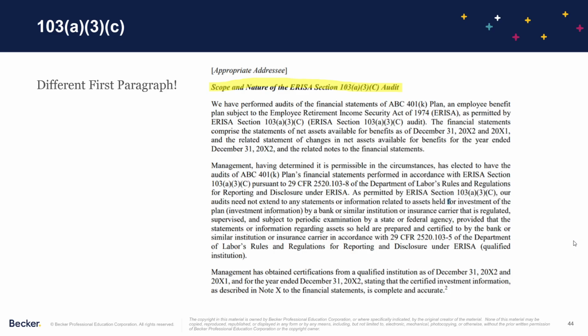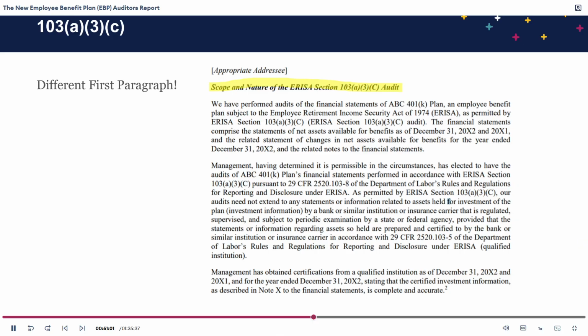In a 103(a)(3)(C) report, the first paragraph in the first section is not your opinion. It's actually the scope and nature section. It tells us we have performed audits of the financial statements of ABC 401(k) plan, an employee benefit plan subject to ERISA, as permitted by ERISA section 103(a)(3)(C).